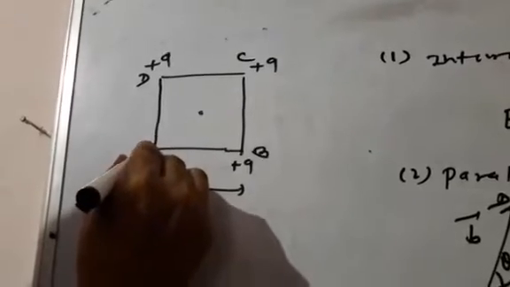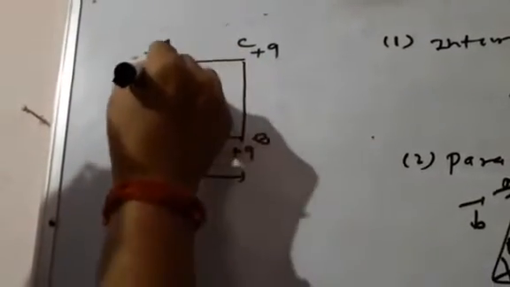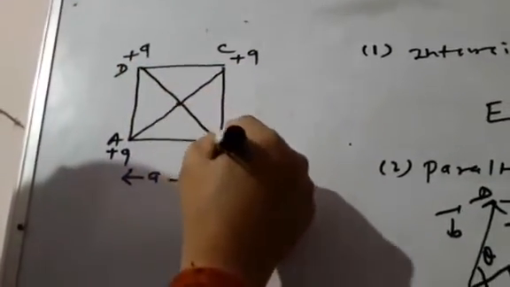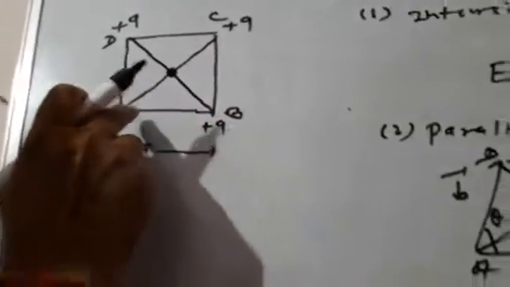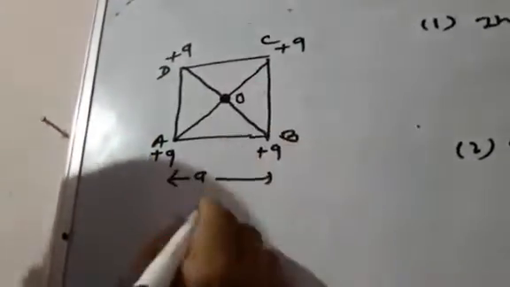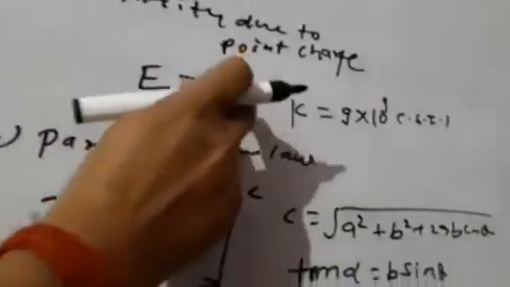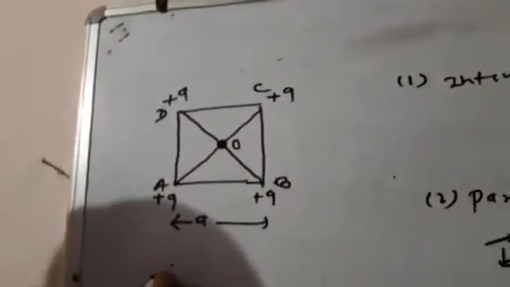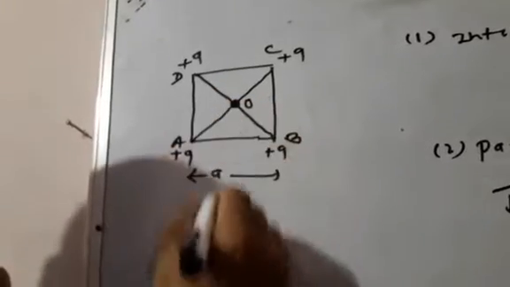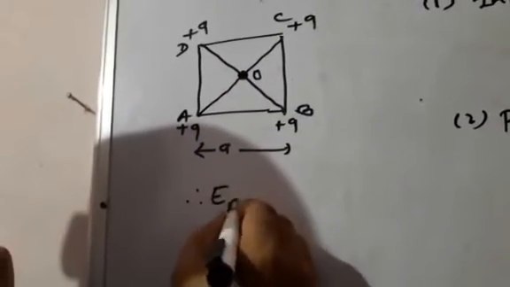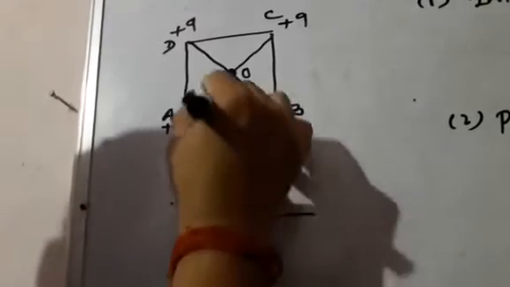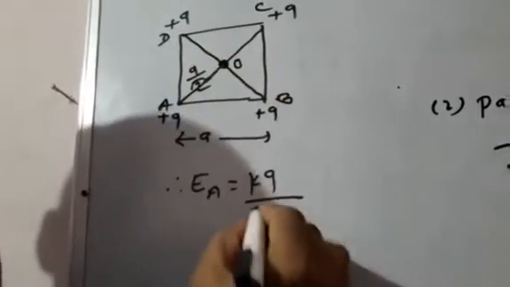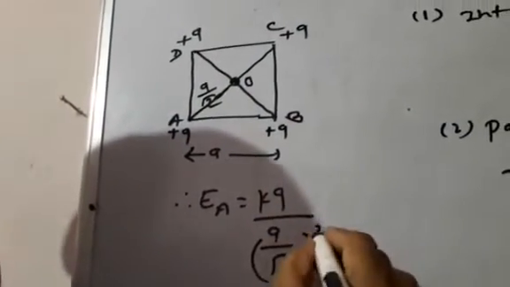So since A, B, C, D are four point charges, first we have to find intensity of electric field due to the point charges at the center with the help of E equals constant Q upon R square. Therefore, intensity of electric field at O due to charge A equals constant Q upon R square, meaning AO square, which is equal to A upon root 2 whole square.